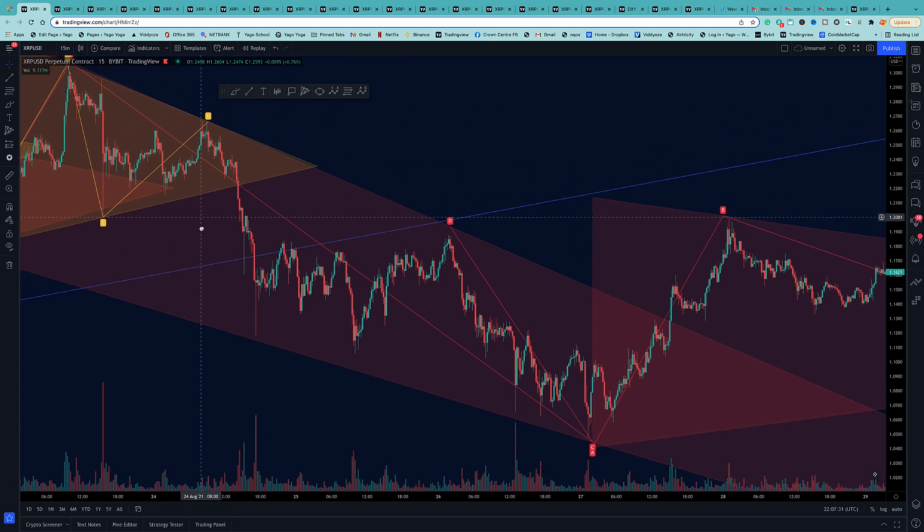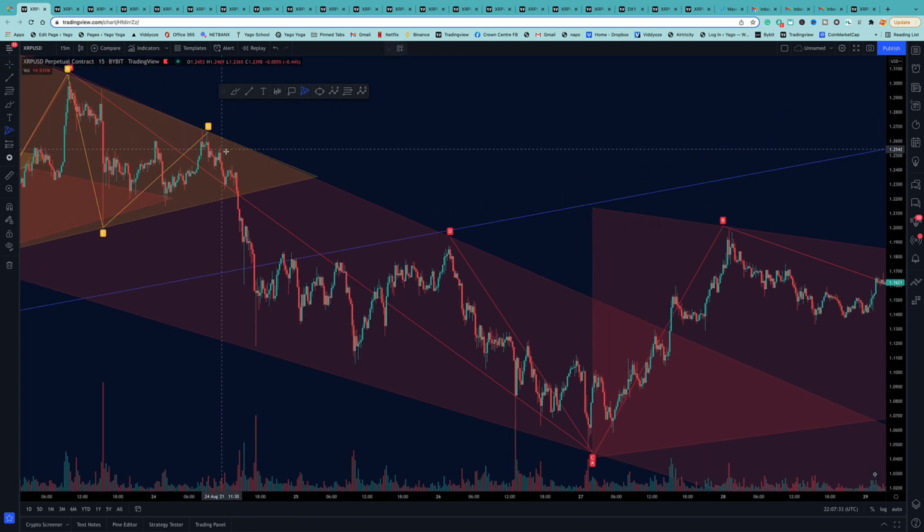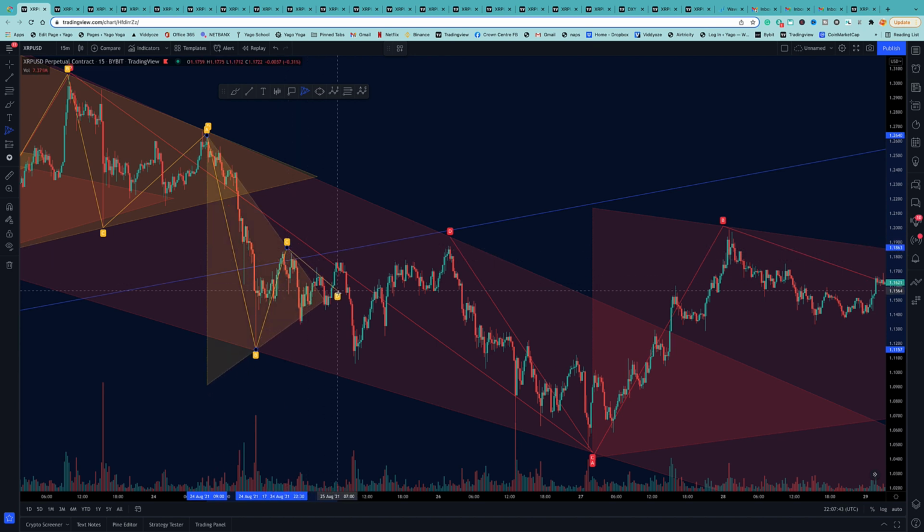So now here, again, remember you've got the step down. So here's a wave, and a correction here. Here's another wave and another correction.